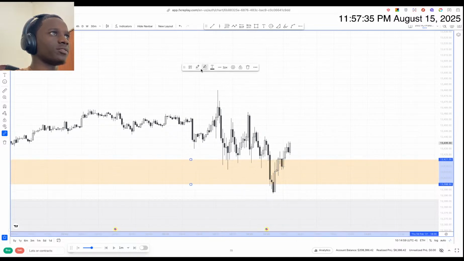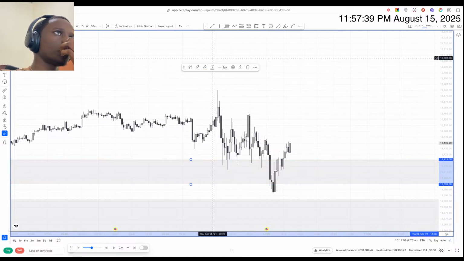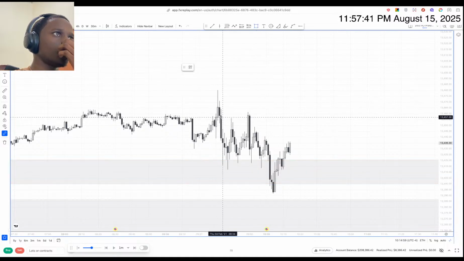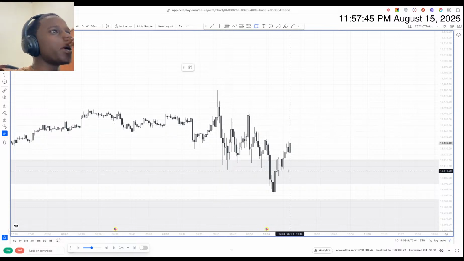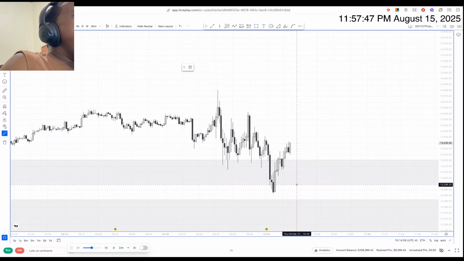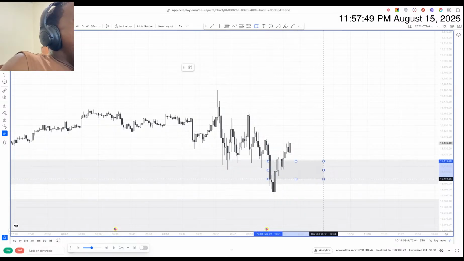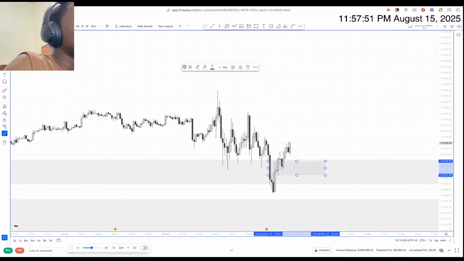This is also a fair value gap, and here we have an inversion. This is the first positive fair value gap. So let's see that here we have an inversion fair value gap.